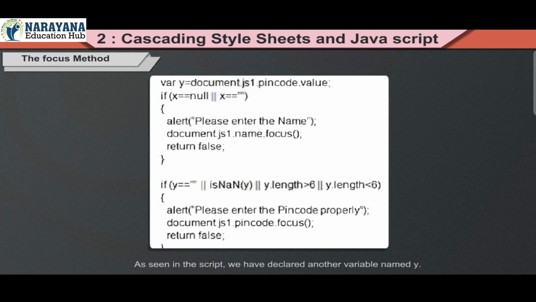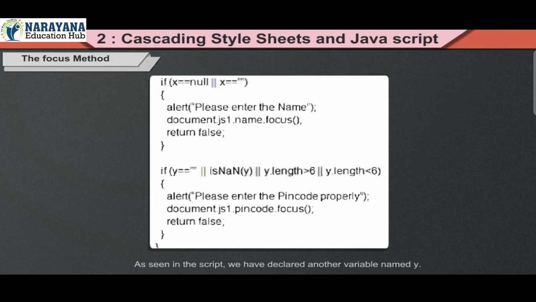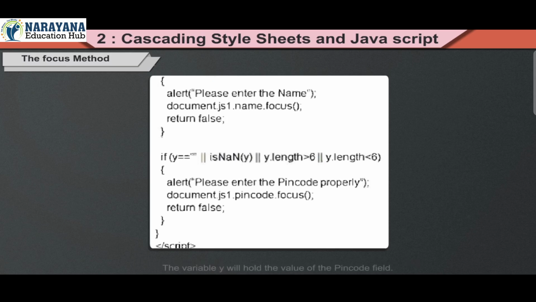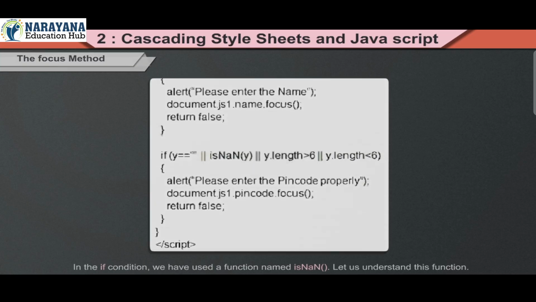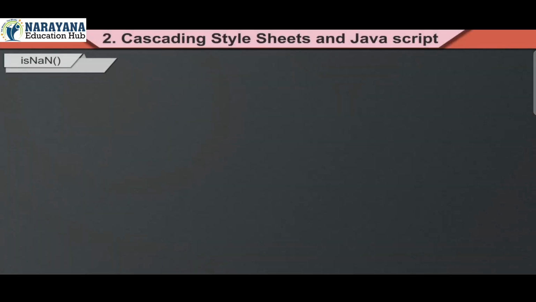As seen in the script, we have declared another variable named small y. The variable small y will hold the value of the pin code field. In the if condition, we have used a function named isNaN(). Let us understand this function. isNaN. To work with numeric values, JavaScript uses built-in functions.